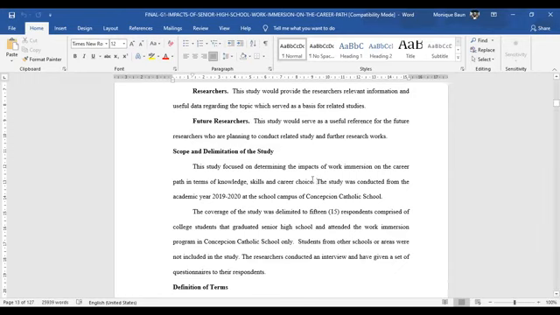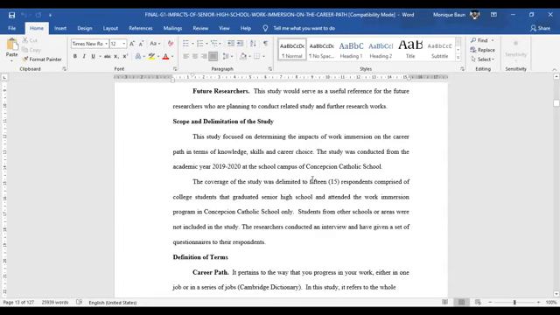So the coverage of the study was delimited to 15 respondents, okay, comprised of college students that graduated senior high school and attended the work immersion program in Concepcion Catholic School only. Okay, so as you can see, class, we have the scope and the limitation of the study.